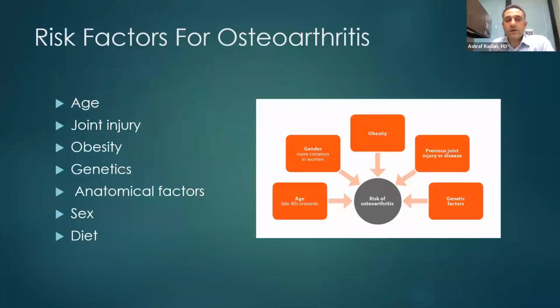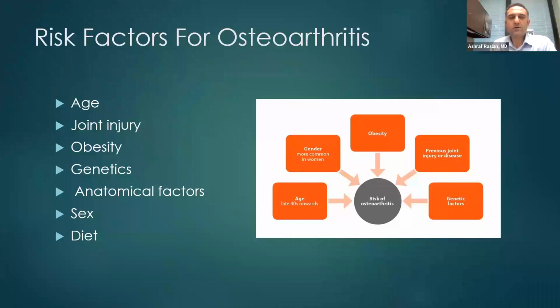So obviously age. As we said, it's not a simple wear and tear, but osteoarthritis is more common after 40 and especially after 50 for many reasons. One of them is wear and tear, but it's not the main reason. Another is that as we get older, there is more inflammation in the body, and this inflammation can lead to more joint deterioration.